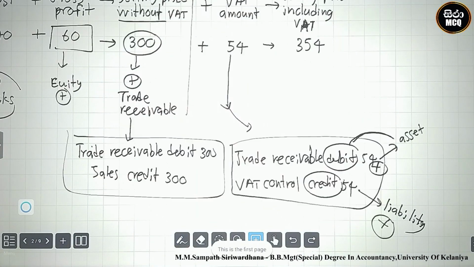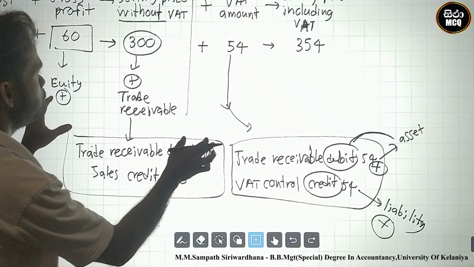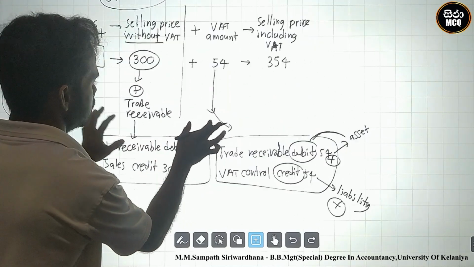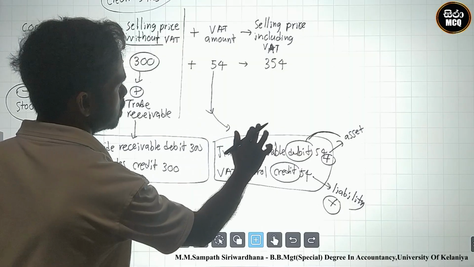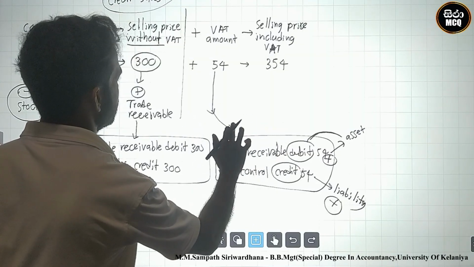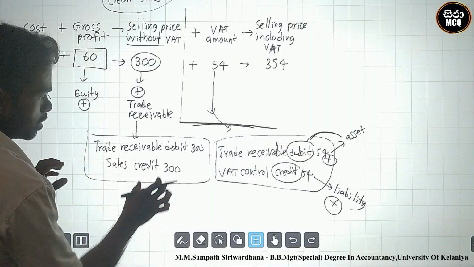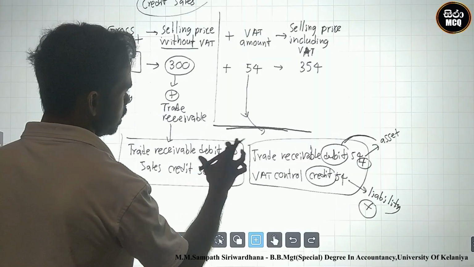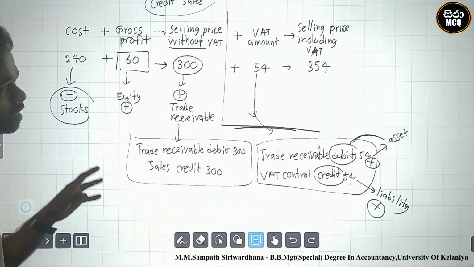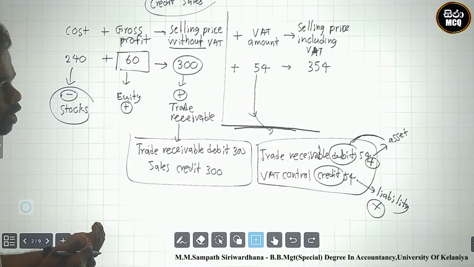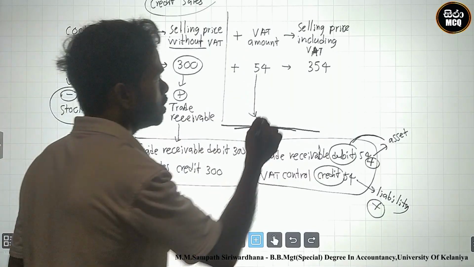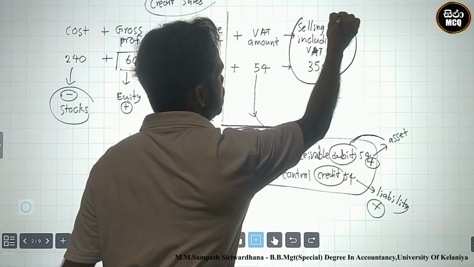Look here. Let's go to the impact. In that case, this is the impact related to Amal. This time, we must receive an amount from Amal, 354. Why?